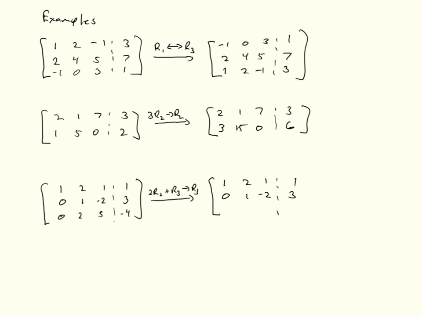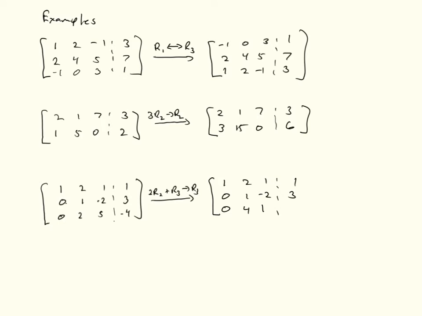Well, let's start back up here. First thing I have is 0 times 2 added to 0. That's going to be a 0. Then when I take 2 times 1 added to 2, that's going to give me a 4. And then 2 times -2 is -4 added to 5 is going to give me a 1.